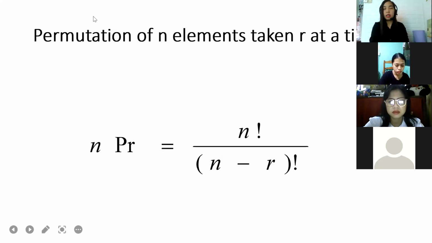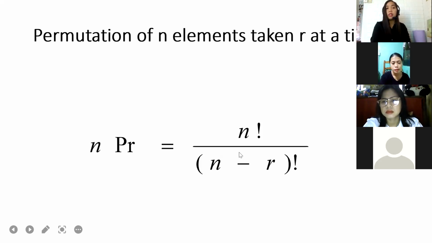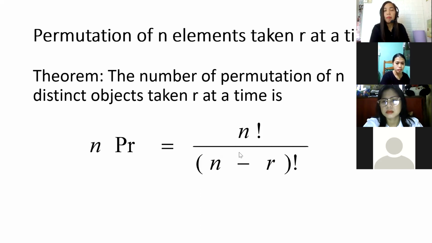The second type is permutation of n elements taken r at a time. r is just a subset of n. So the value of r cannot be bigger than n because it is only a part of n. The number of permutations of n distinct objects taken r at a time, this is the formula, nPr is equal to n factorial over n minus r factorial.